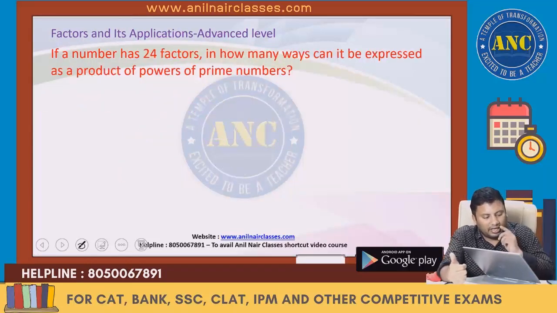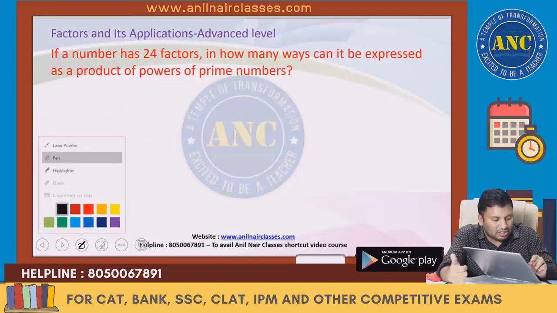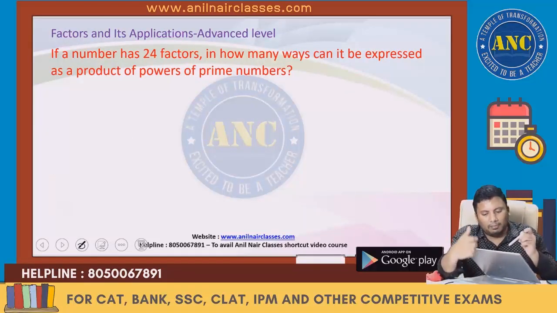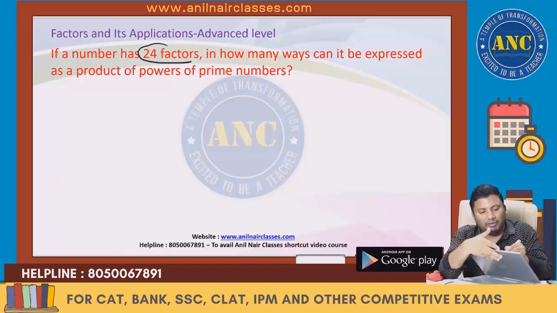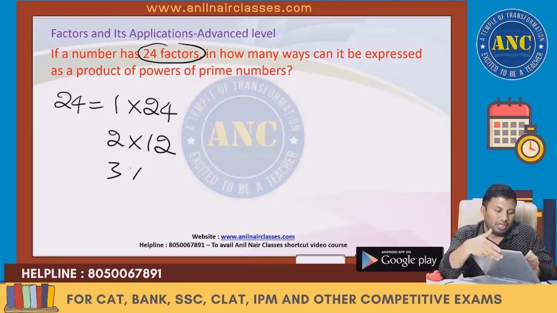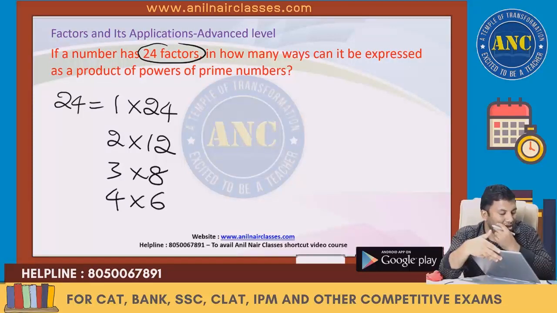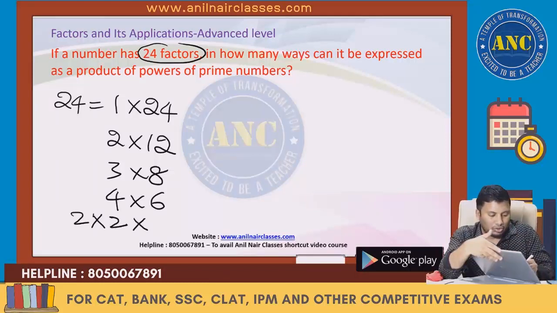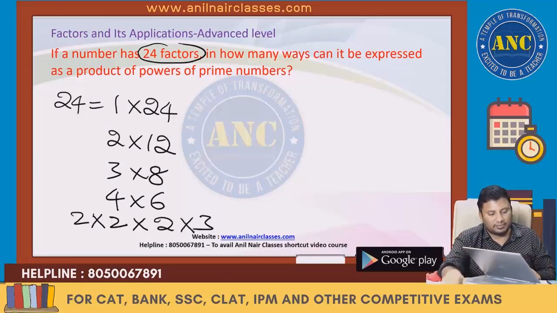Next one, write down this question. A number has got 24 factors. Already we discussed. 24 is 1 into 24, 2 into 12, 3 into 8, 4 into 6, and 2 into 2 into 2 into 3. These are all the cases.